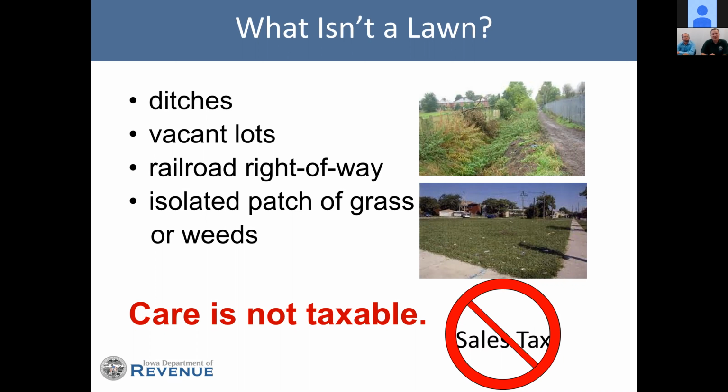If the city says you've got to mow those once or twice a year just to keep them from getting totally out of control, those things are not considered lawns. Most people consider a lawn like your lawn at home, which you usually mow on a regular basis to try to keep things looking nice. So not every piece of ground is considered a lawn. The examples I gave here would include things that are not a lawn.